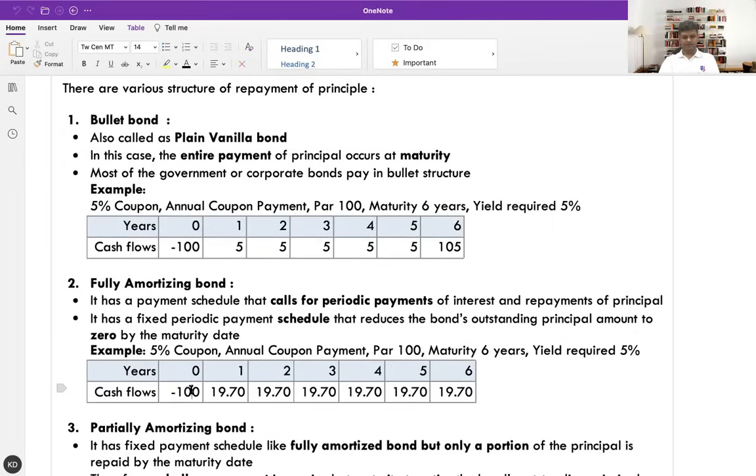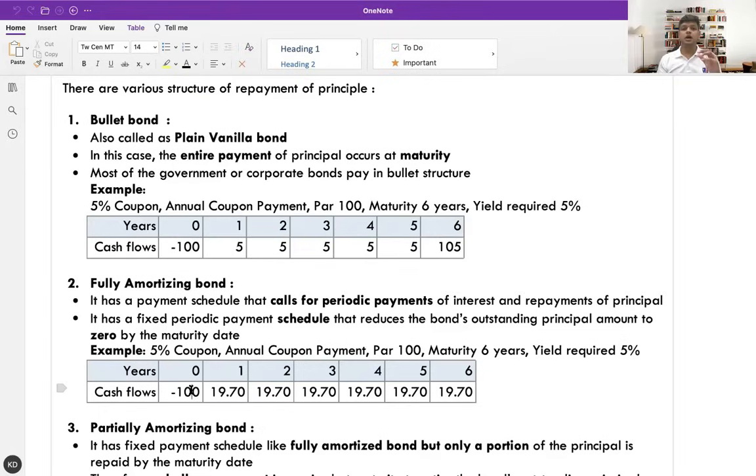Bullet. Why? Because in the other one, some of the principal is repaid every year, so your outstanding liability keeps on reducing. So remember, the bullet bond is the bond where you pay the maximum interest.